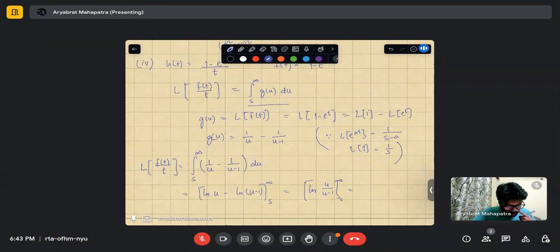So the first one, when you put infinity, will go away. I can write it as ln of 1 minus 1 by u.